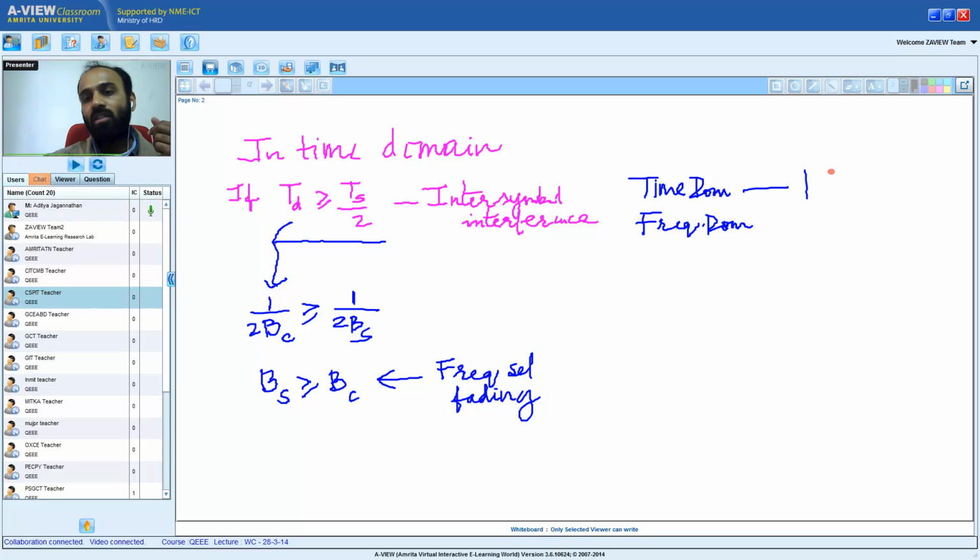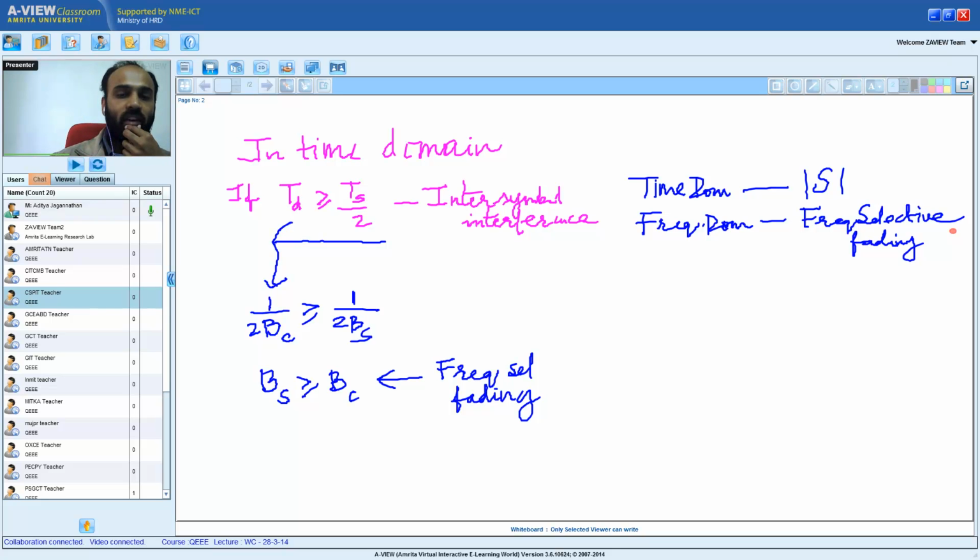The time domain is basically intersymbol interference. The frequency domain is frequency selective fading of the wireless communication system.